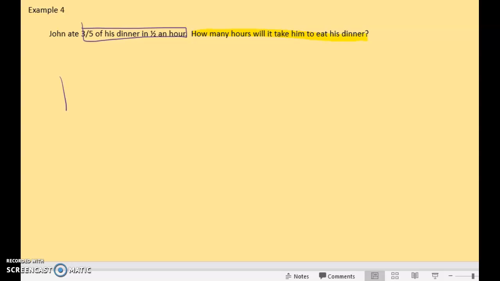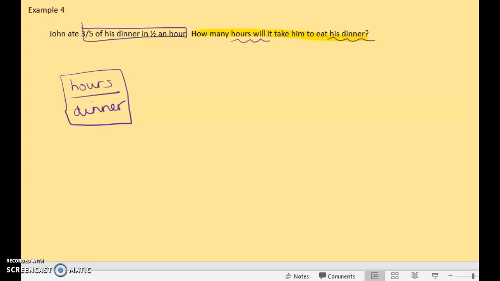Well, let's see. What comes first in the highlighted part? How many hours will it take him to eat his dinner? Right? There's no per, but pretty much we want to know hours per dinner. Hours comes first, so it's on the top. Hours per dinner. So in other words, his whole dinner, how long is it going to take him?